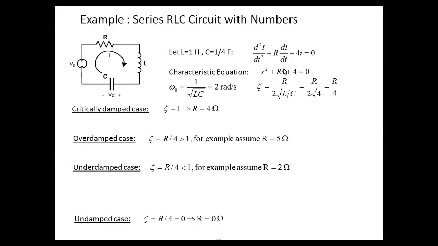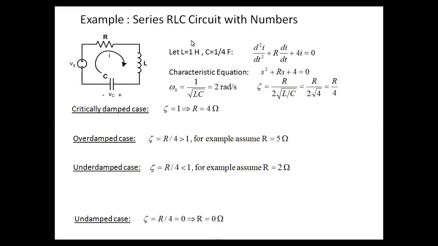Since we didn't know the value of R, we have to look at all the 4 possible cases we can have, and then we can easily assume what R could be. Whatever we assume R to be for each of those 4 cases will give us an idea of what the responses would be at the end of the day.